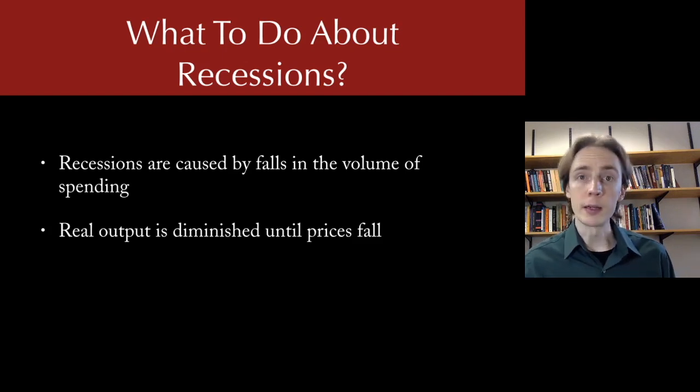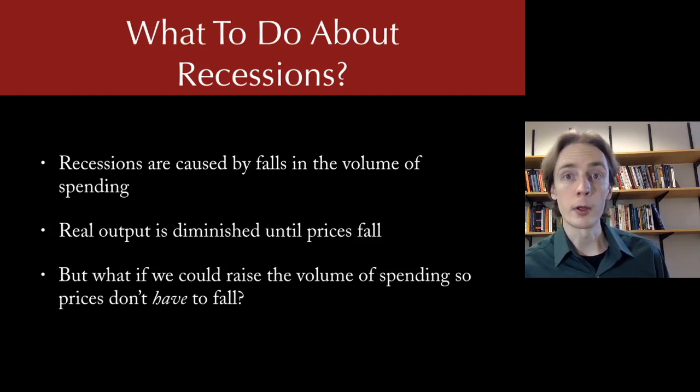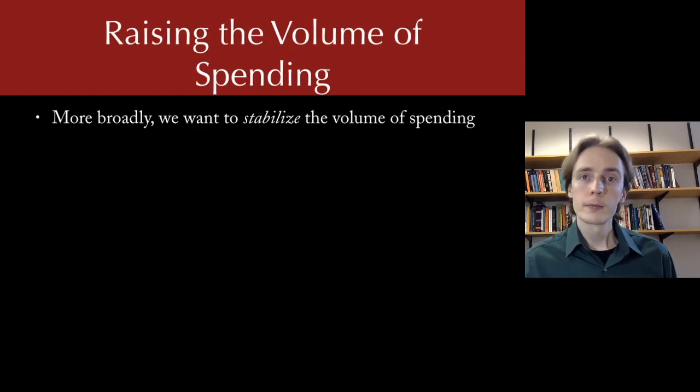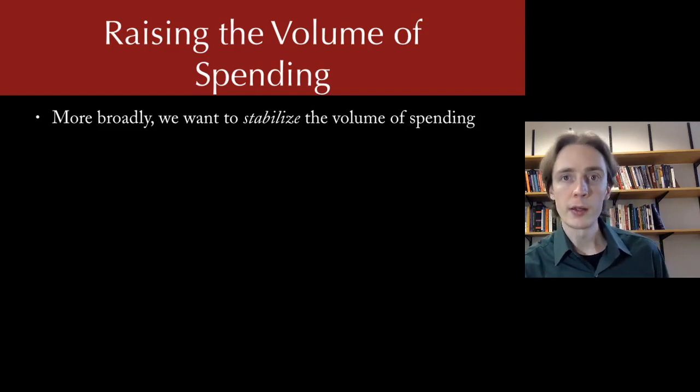But alternatively, we could raise the volume of spending back to where it was so that prices don't have to fall. And this is going to be the goal of two tools that we're going to talk about today. Right, so the goal of these two tools is going to be to stabilize the volume of spending.